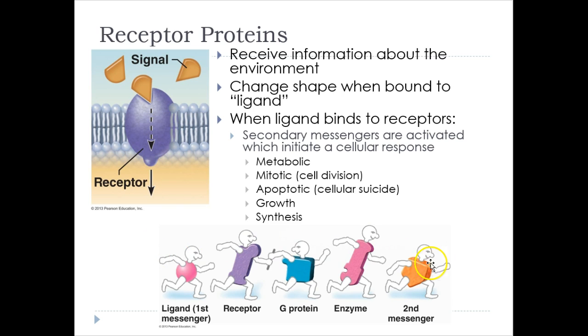They have this system that they do it with, and we're going to talk a lot about this in 202, but a signal comes in, sends a message to the inside of the cell, and the inside of the cell will basically start this process of activating a certain type of protein that we'll name later in 202, then maybe get an enzyme to work, and then eventually send something to the nucleus and tell the DNA this is happening, we need to respond to it, and it's going to make a special protein for it. So what happens is that message gets shunted from the outside to the in.